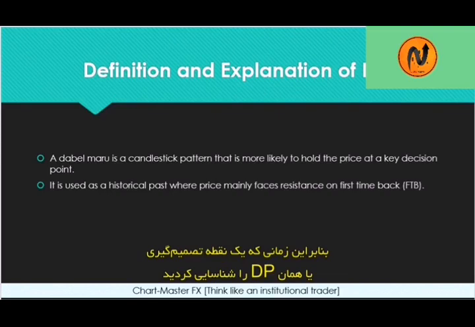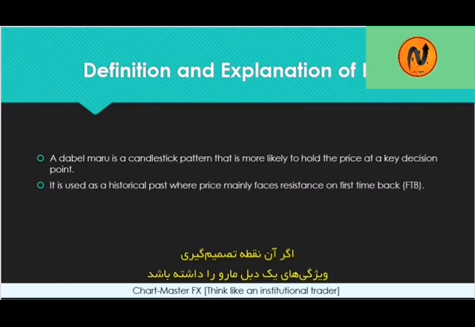Once you identify your decision point, if it has the characteristic of the Dabel Maru, then you can take a trade on that position when the price comes on first time back. It is actually a historical past, which means you can identify it in the immediate past before you make a trade.